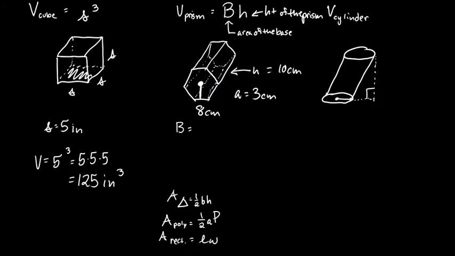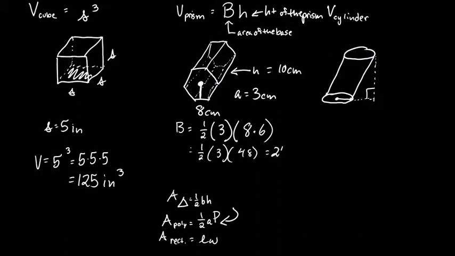The shape is a hexagon, so I will be using 1/2 apothem times perimeter. So 1/2, and I gave you the apothem as 3, times the perimeter. It's a hexagon, so it's 8 times 6, which is 48. So that's 1/2 times 3 times 48.